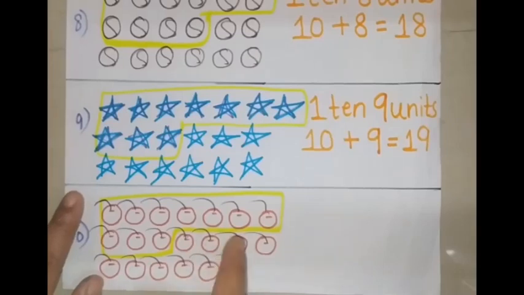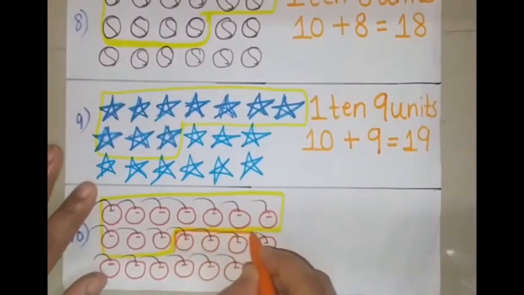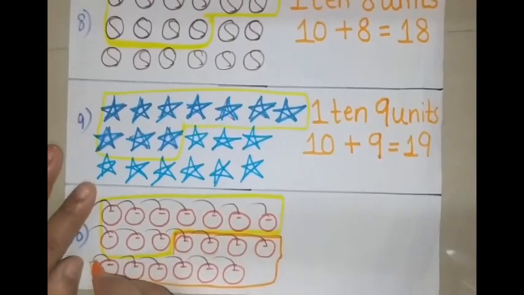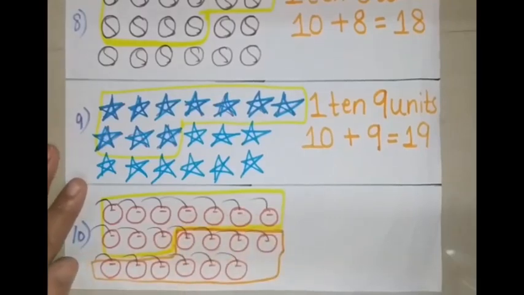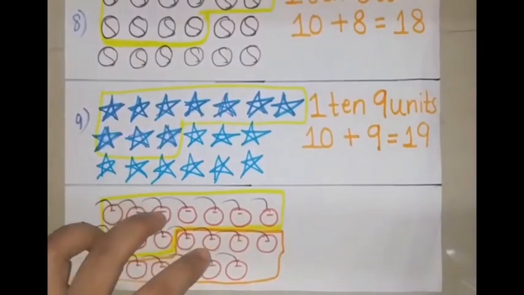Oh, they are also 10. So we'll make one more group of 10 cherries. So we got here 2 groups of 10 cherries.